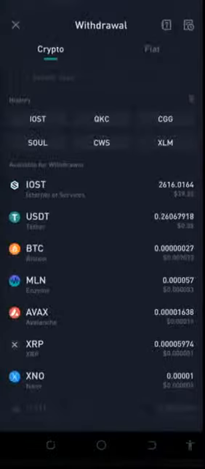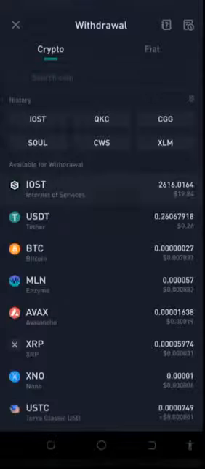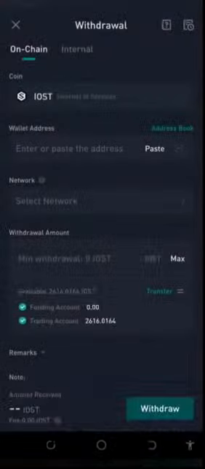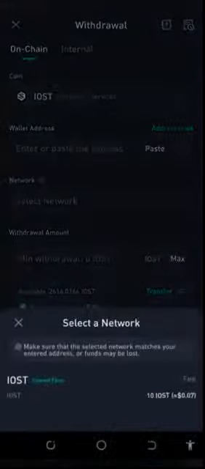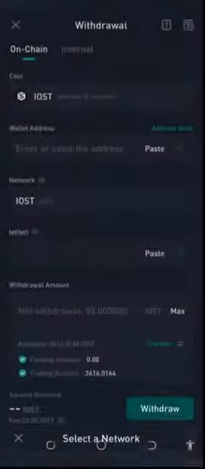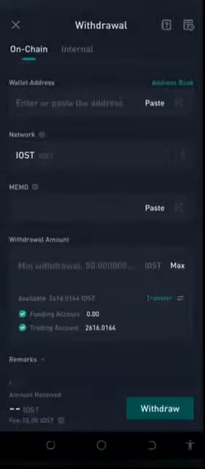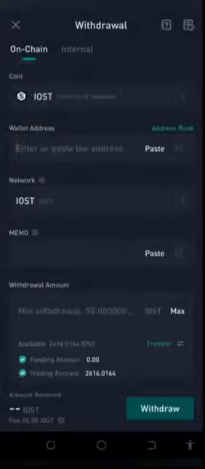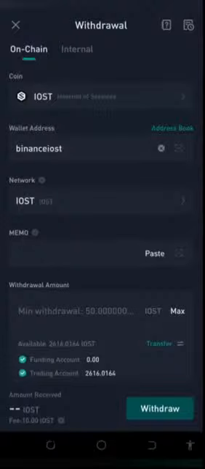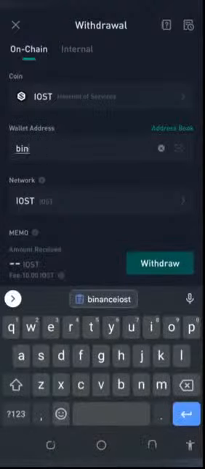Okay. So we're withdrawing that quickly. And the network is IOST. Yes, IOST. Correct. Where's the address? Okay, so I was looking for the address. That's it. Okay. Uh-oh. Sorry. I think I copied the wrong thing.